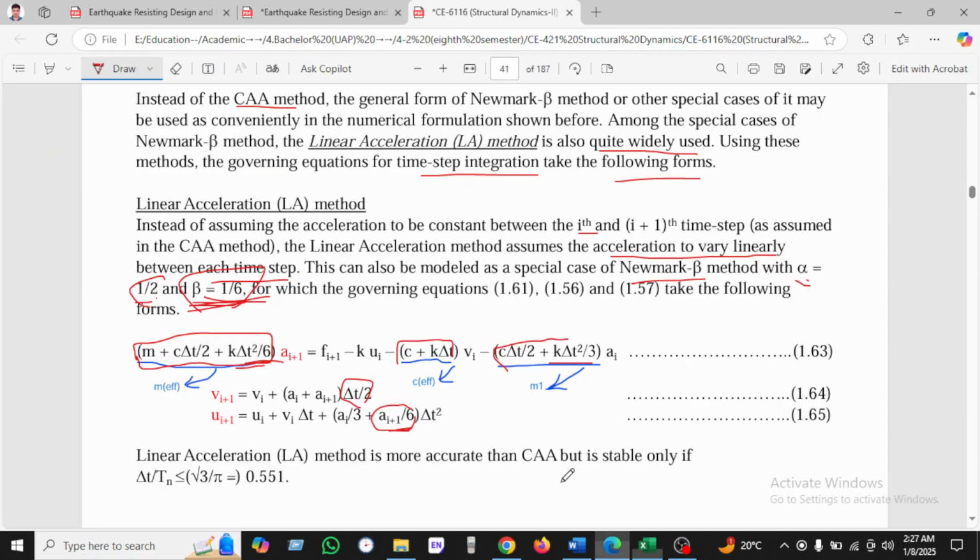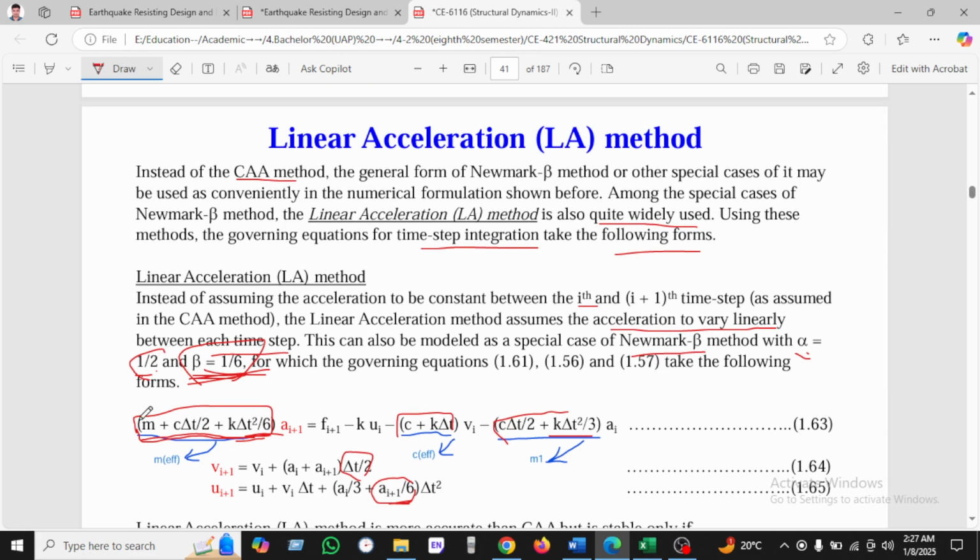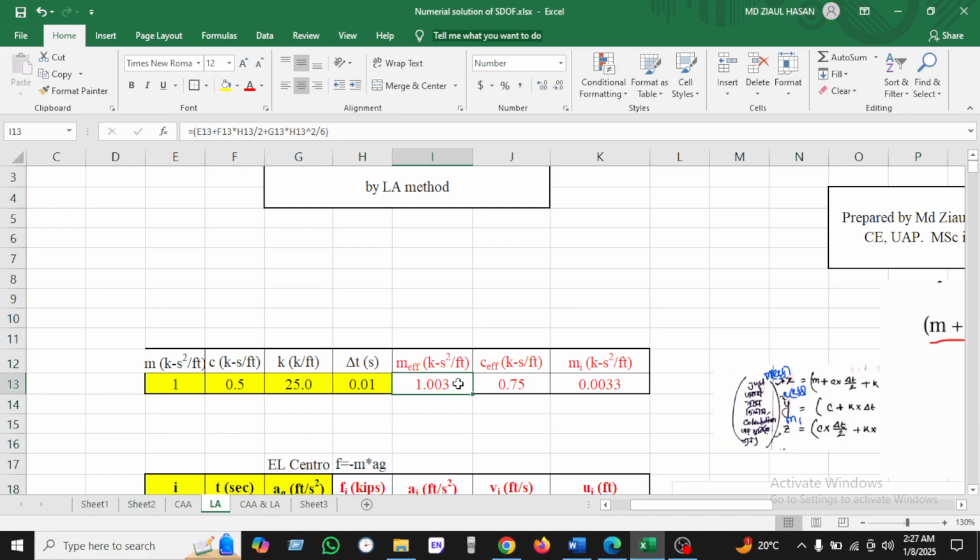How will we calculate the m effective? This is the m effective for the linear equation: m plus c times delta t divided by 2 plus k times delta t square divided by 6. So we are calling this m effective. So in this way we are calculating m effective. Then I will calculate c effective.